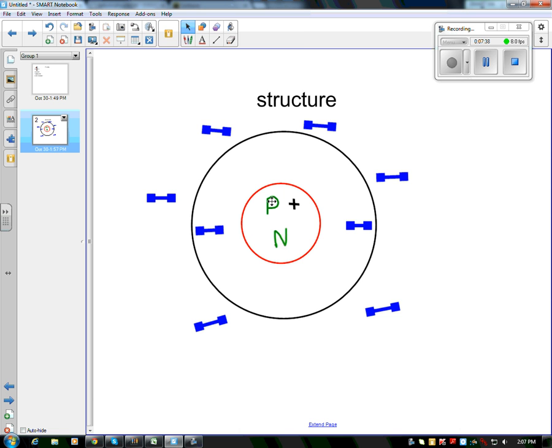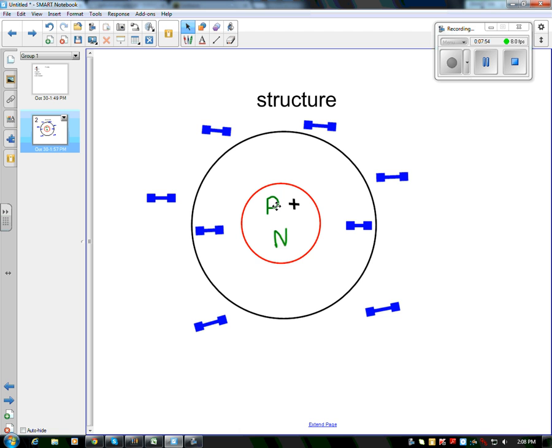So positive in the middle, surrounded by negatively charged electrons that we don't know exactly where they are because they're so small and move so fast that we can't pinpoint them. So we call it an electron cloud.